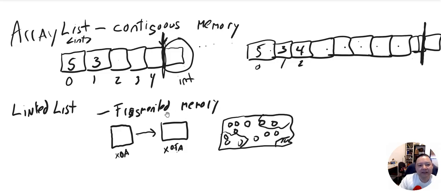Now, why am I talking about these different data structures if we're talking about hash maps? Well, what you probably didn't know is that a hash map is actually a combination of contiguous and fragmented. Well, how does that work?